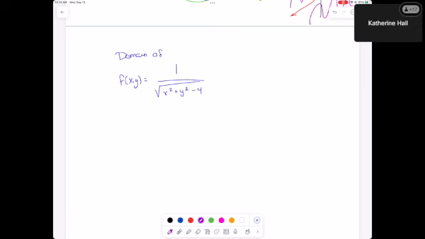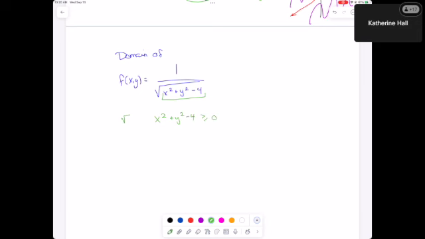Okay, let's see what we have here. So when I see this, I say, okay, there's something under a square root, and then I'm just gonna pull out this piece that's under the square root. And because of the square root, I'm gonna say that has to be greater than or equal to 0.